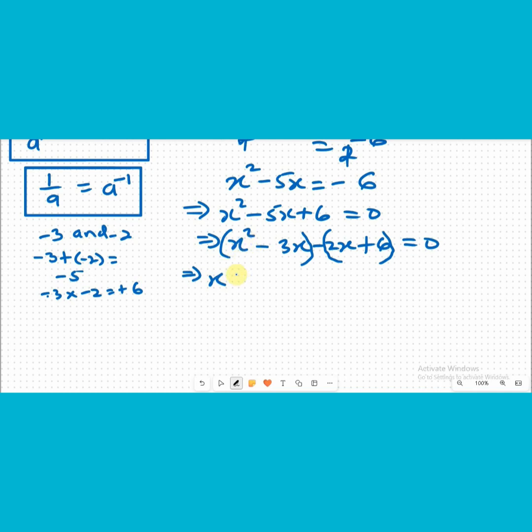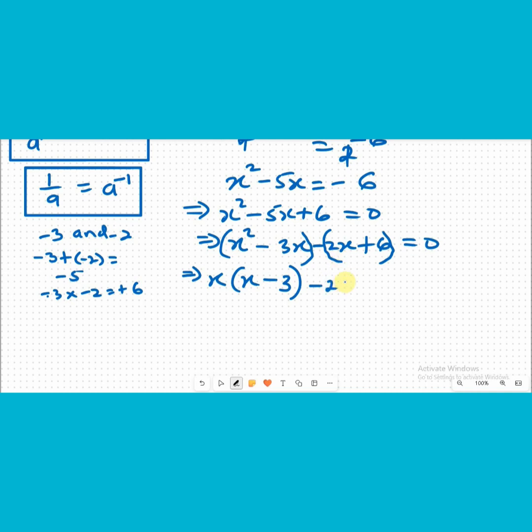X is the common factor because x can divide x squared to give x, and minus 3x divided by x gives minus 3. Now what can divide across here is minus 2.